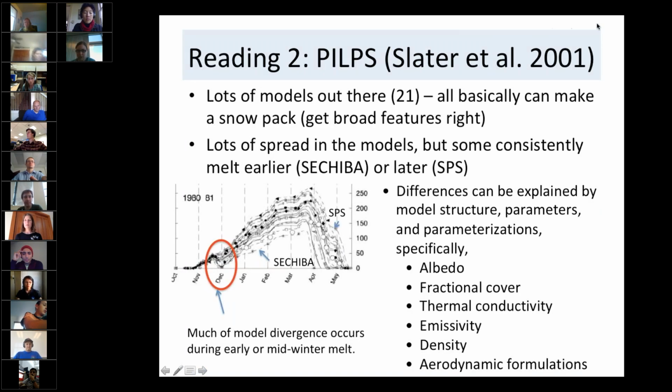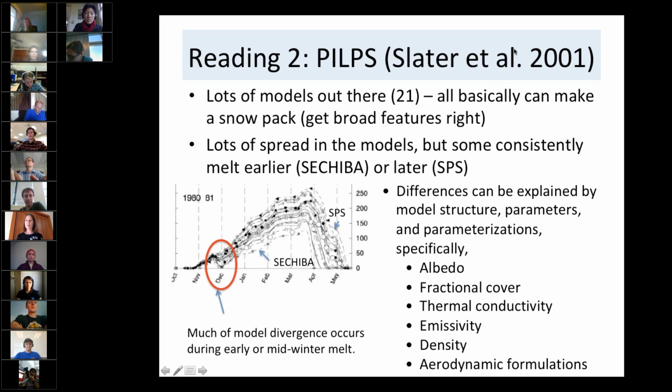All right. So your second reading is one of the first large model intercomparison studies, which was called the PILPS, and I forget exactly what all the letters in PILPS stand for. It was a paper written by Drew Slater in 2001.